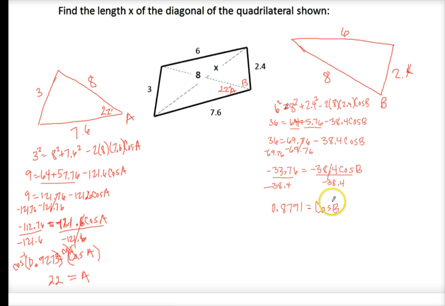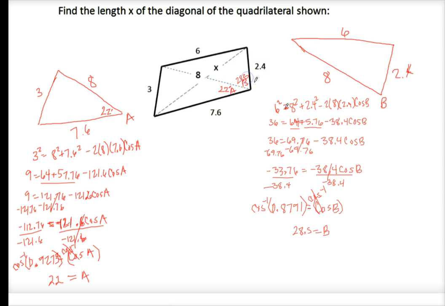And now we're one step away from finding B. We just have to do the inverse cosine, or arc cosine, whatever you prefer to say, of both sides. So if we do the inverse cosine of that value, I get about 28.5. Remember we were doing this to find our angle here.